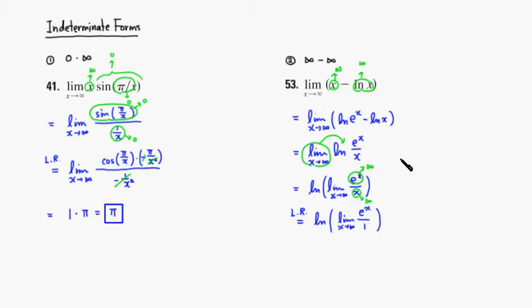Then as x approaches infinity, e to the x goes to infinity. So you have the natural log of infinity, which is still infinity. So that's the limit for the second problem when you have infinity minus infinity.